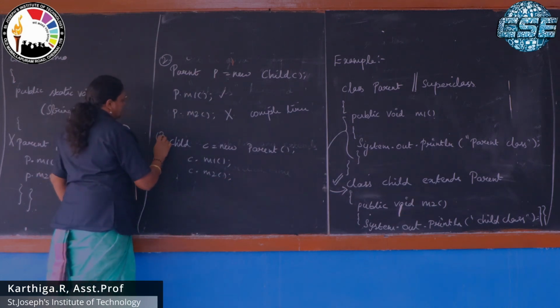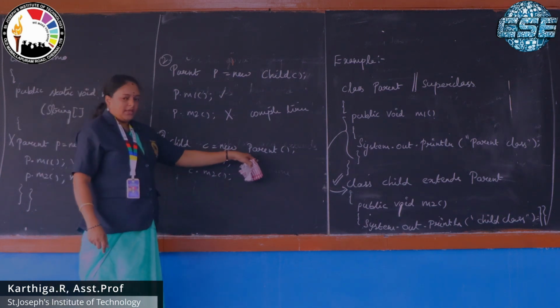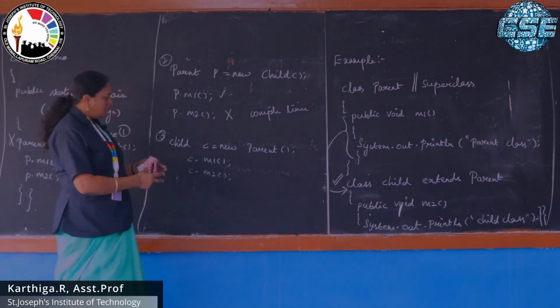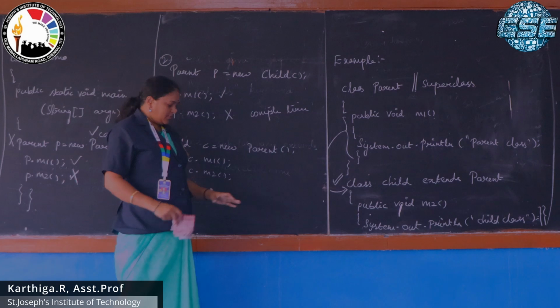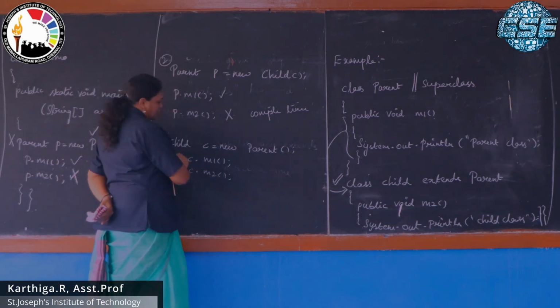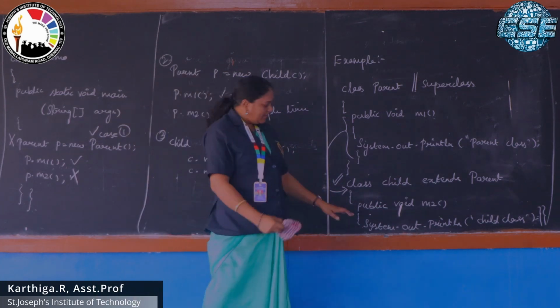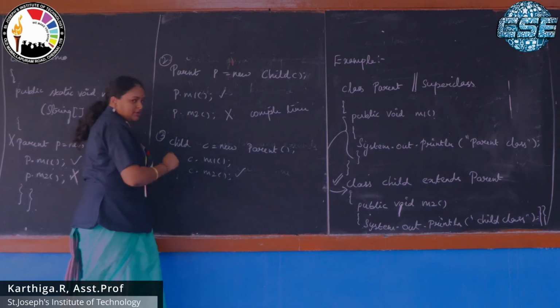This is case 3. Here, Child object = new Parent. The subclass is used first and then the superclass is used next. See which method will be accessed. In the child class, method 2 is declared, so this code will be correct.